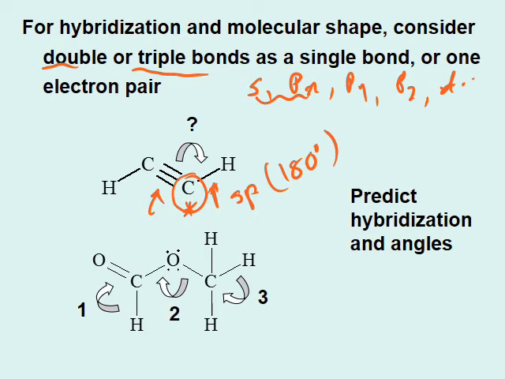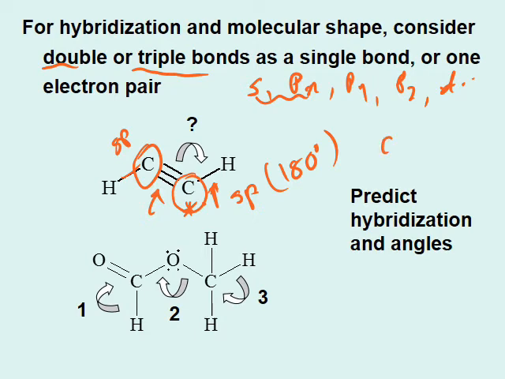Now let's try another case. On this side, this carbon is similar to the previous carbon. Here also you have a triple bond, counted as 1 pair of electrons, and this is the other pair, so there are 2 pairs. Again, this must also have sp hybridization, and the angle would be 180 degrees. So let's draw the right structure.